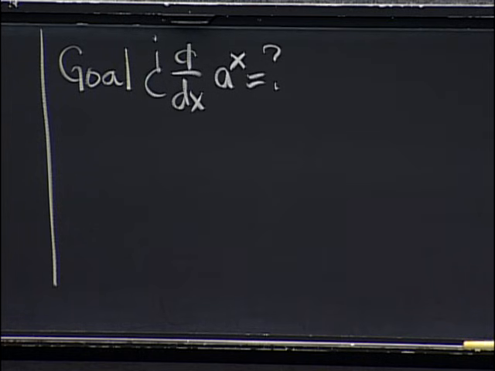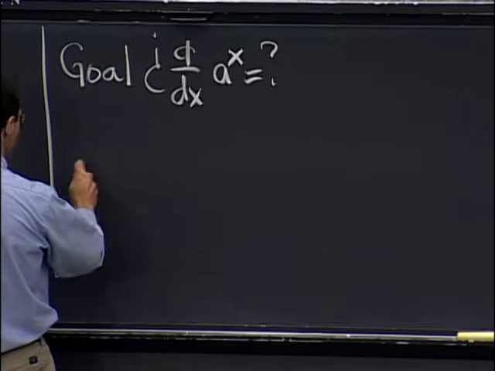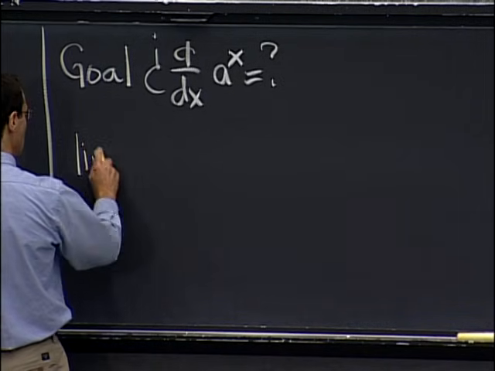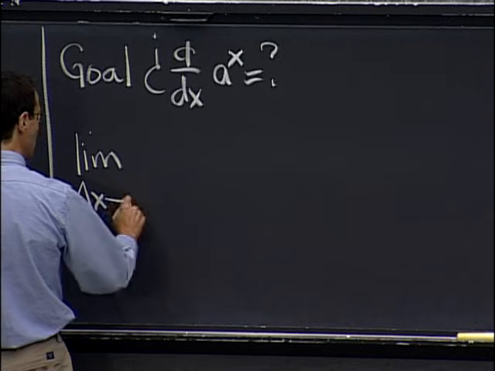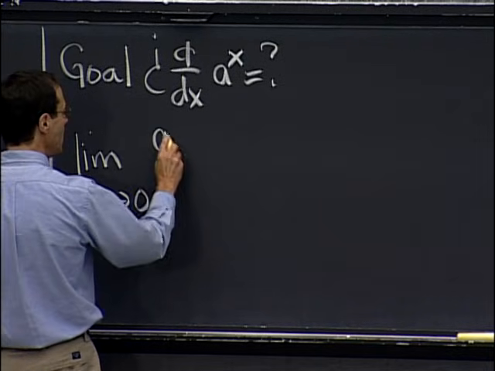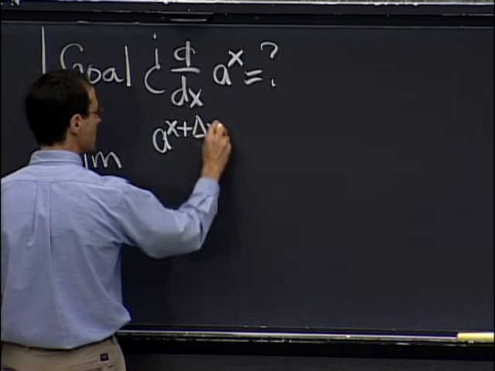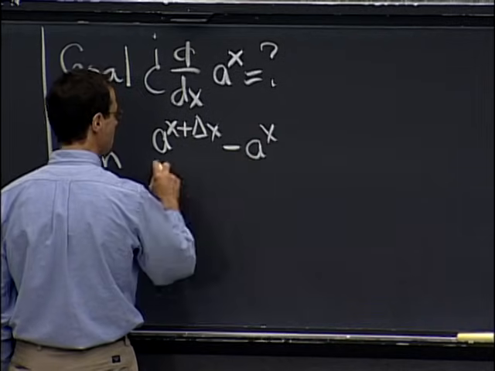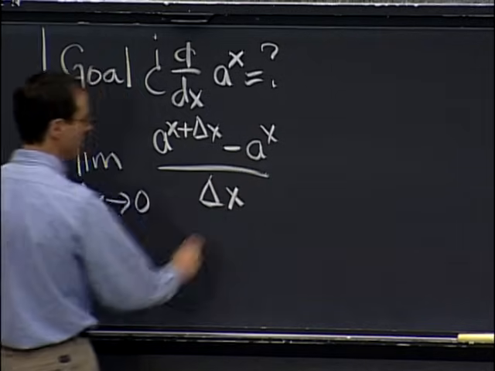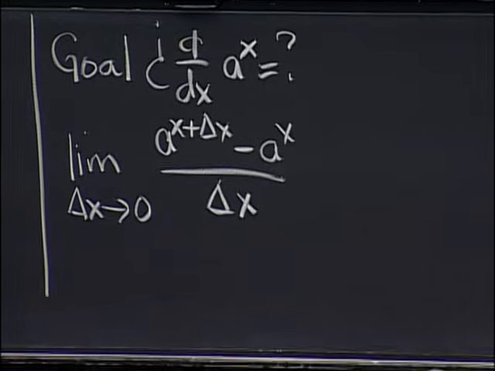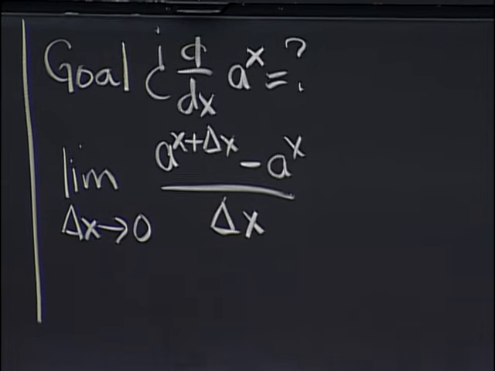And the way we get started is simply by plugging in the definition of the derivative. The derivative is the limit, as delta x goes to 0, of a to the x plus delta x minus a to the x, divided by delta x. So that's what it is.